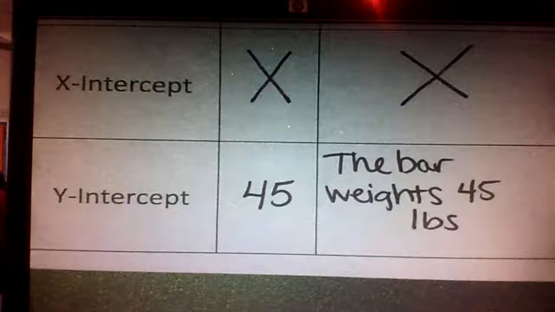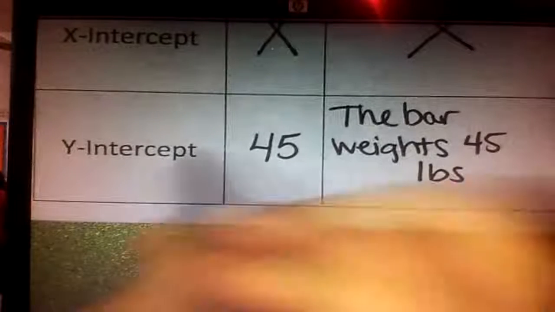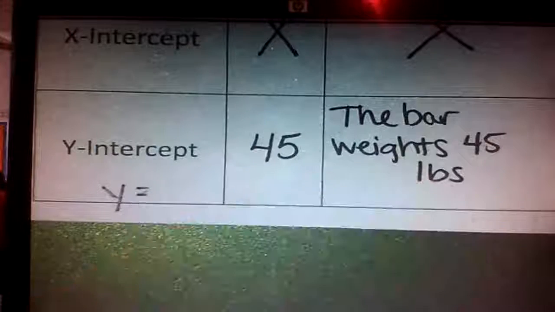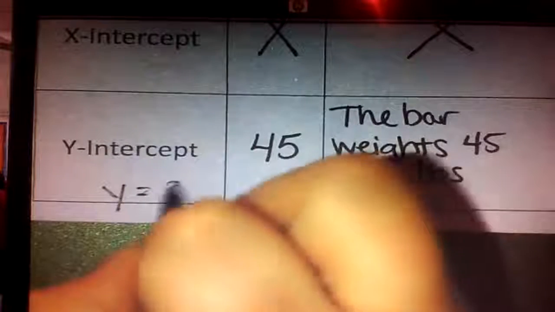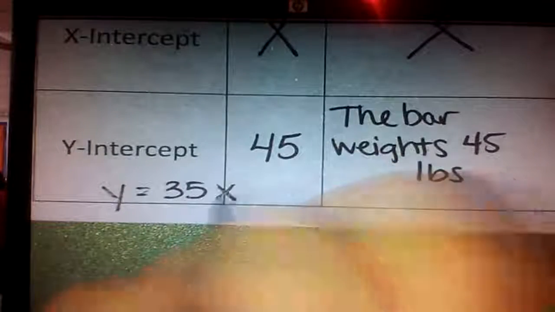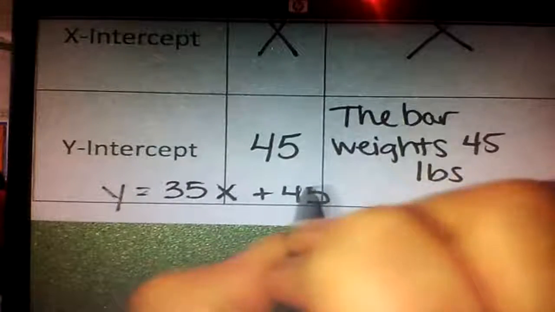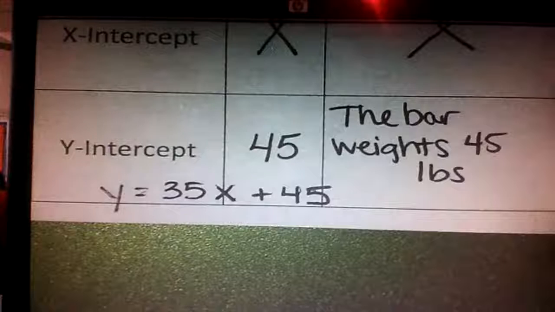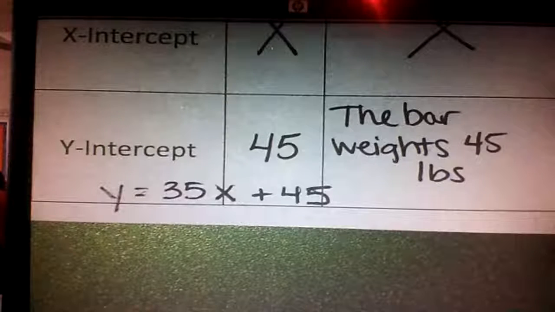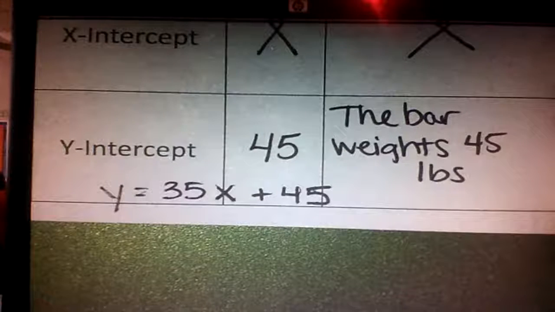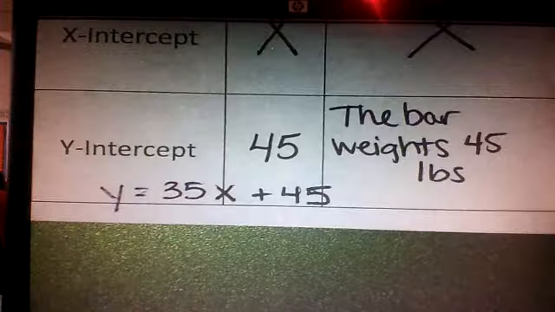You can write none instead of putting x. So my equation would be y equals, remember it's slope times x plus the starting weight. No matter what I put in, you're going to have at least 45 pounds there. That's the bar itself before I put anything on it.